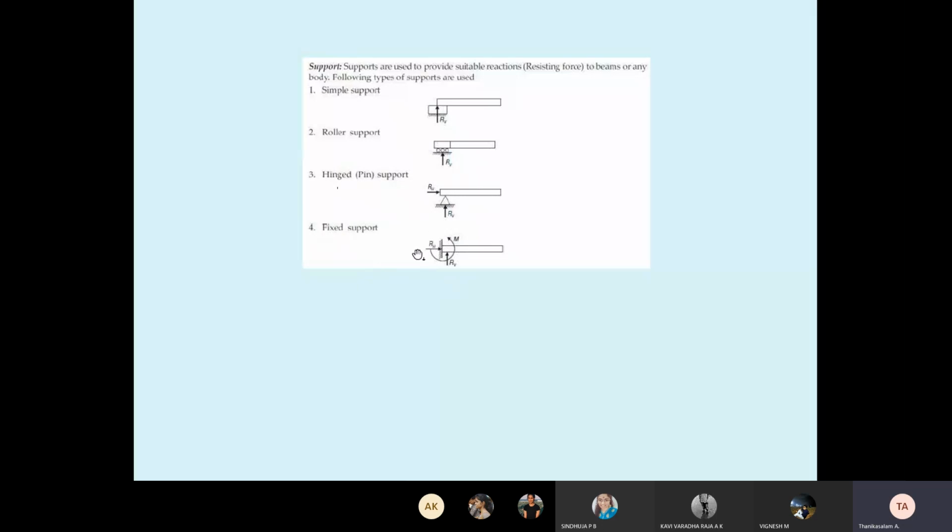This is also a reaction, the couple moment. For fixed support, two reactions and one couple moment. Pin support, two reactions, one horizontal and one vertical. See, a support prevents the body, it resists the body in XY direction. Suppose a pin support is provided, the body does not move in XY direction. Suppose a roller support is given, the body can only be resisted in the vertical direction. Similarly, a simple support can resist the body only in the vertical direction.